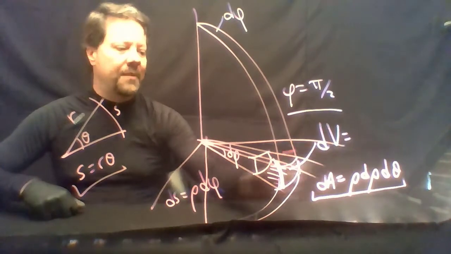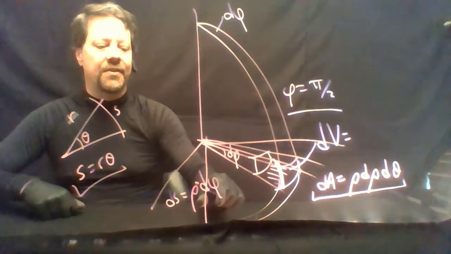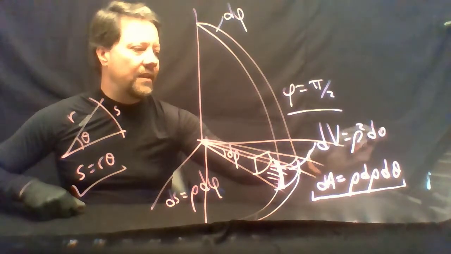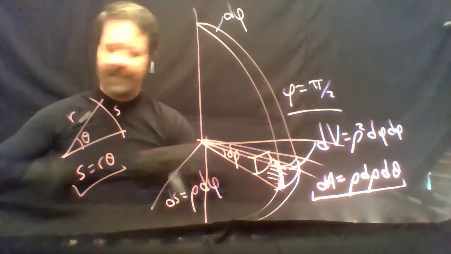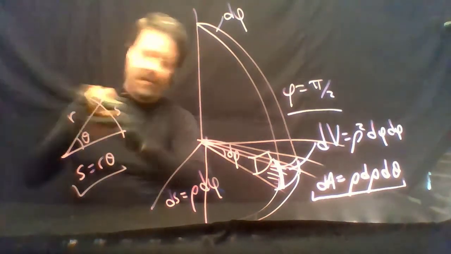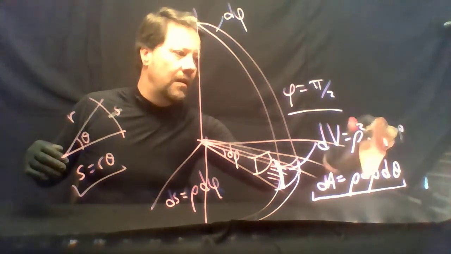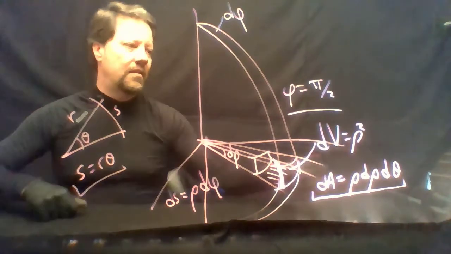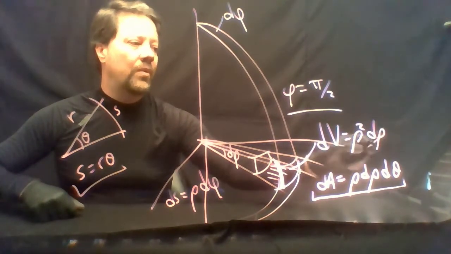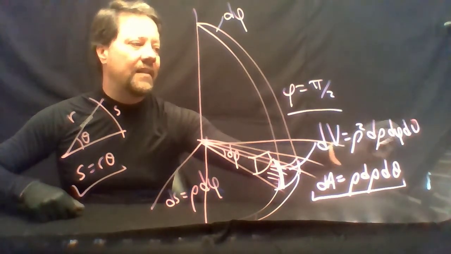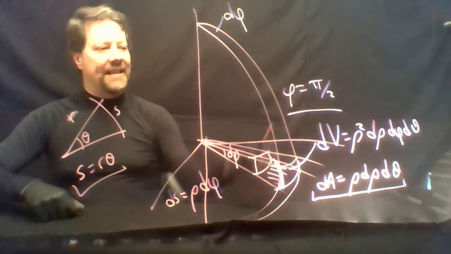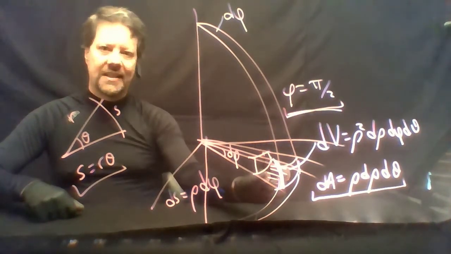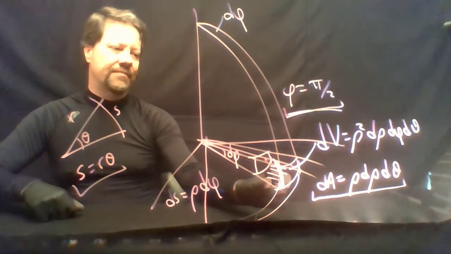So in this particular instance, the element of volume will be the element of area times how far you sweep it. That's going to be rho squared d rho d phi d theta. But that's only true when your little element of volume is down there in the xy plane.